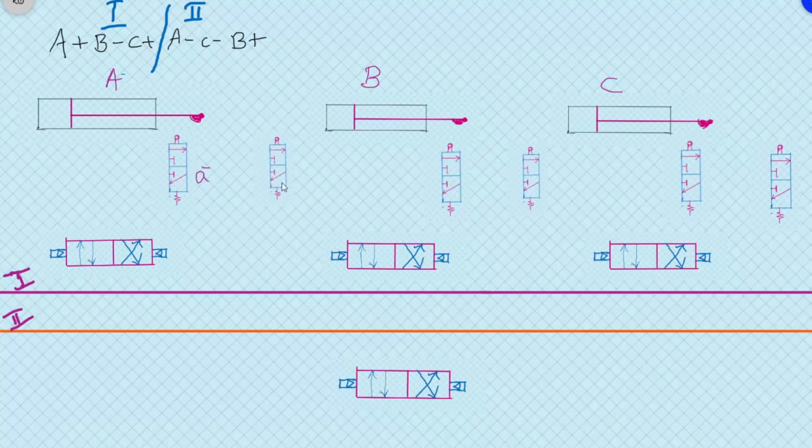A minus senses when the cylinder is fully retracted, and A plus is the limit switch which senses the full extension of the cylinder. Similarly, B minus, B plus and C minus, C plus are denoted. Now there are 3 DCVs that will be used to control the direction of pressure to the actuators, and 1 GCV which is used to control the group that is being used.